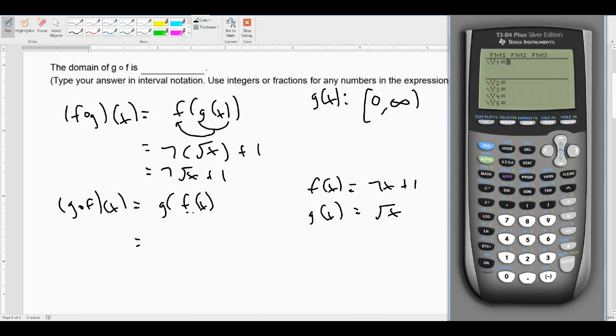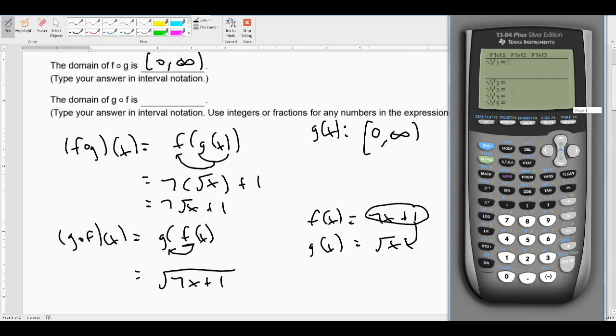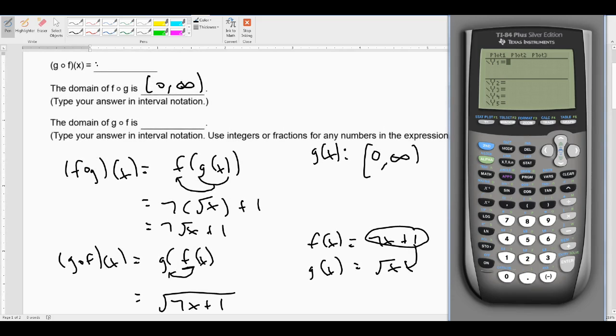This time we're going to take the f function and substitute it into the g. So g is the square root of x, but I'm not going to write down the x because I'm taking this whole function and putting it in place of the x in the g function. So it's the square root of 7x plus 1. That's what we have here for now.